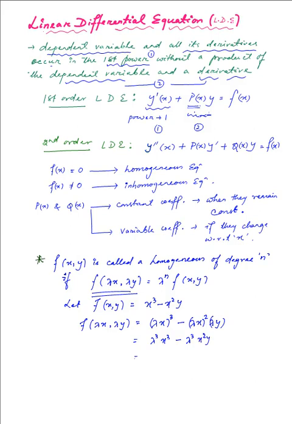We can take lambda cubed out as the common term, leaving x cubed minus x squared y. So this is lambda cubed f of x, y, where f was the given function, x cubed minus x squared y.